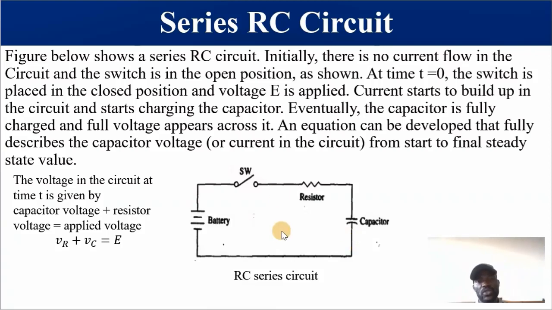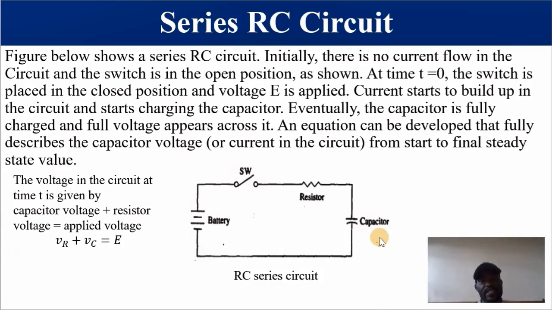This is a series circuit, and initially we assume that there is no current flow in the circuit and the switch is open as shown. At time t equals 0, the switch is closed and E is applied, and we know that current will start to build up in the circuit and the capacitor is going to be charged.